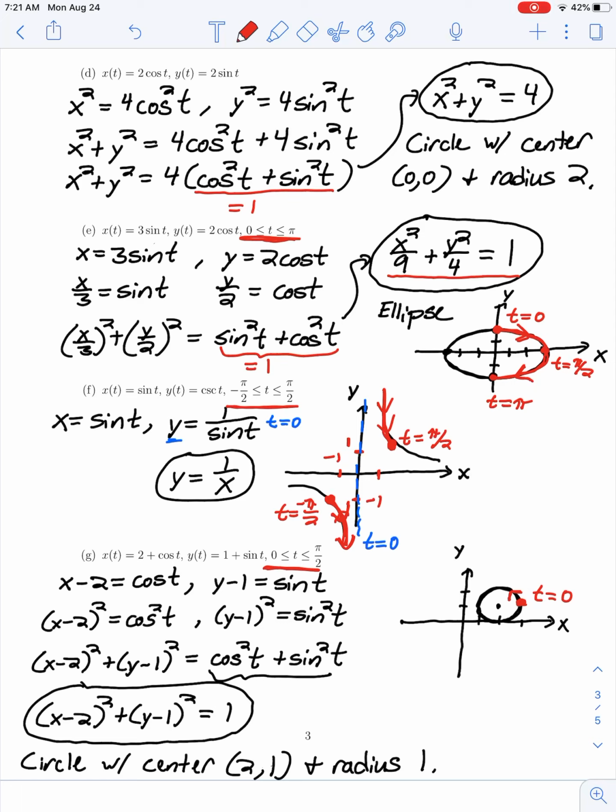Now as t increases towards pi over 2, well, when t is equal to pi over 2, we have an x value of 2 and a y value of 2. So we would be talking about this point 2, 2, when t is equal to pi over 2. So we're talking about just this arc or quarter circle traversed in the direction shown here. All right.